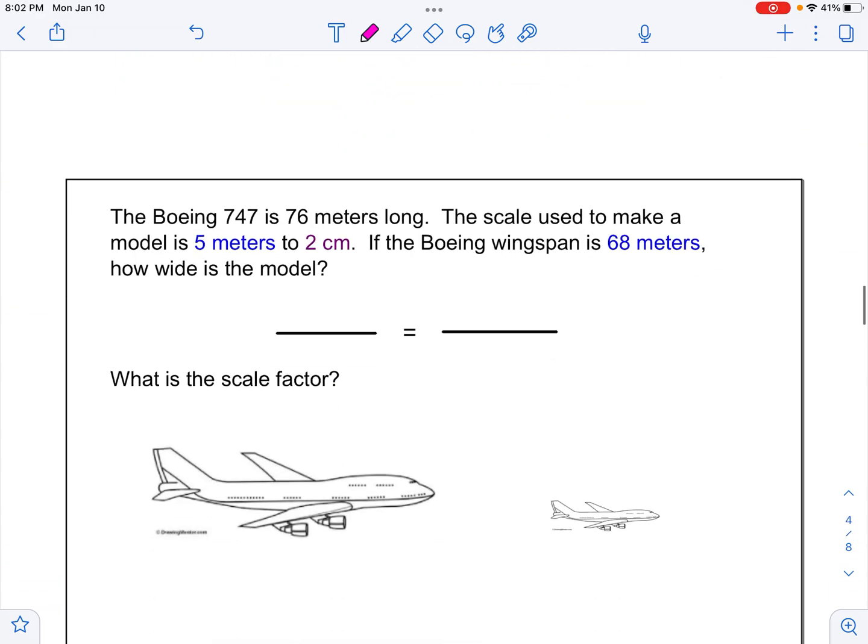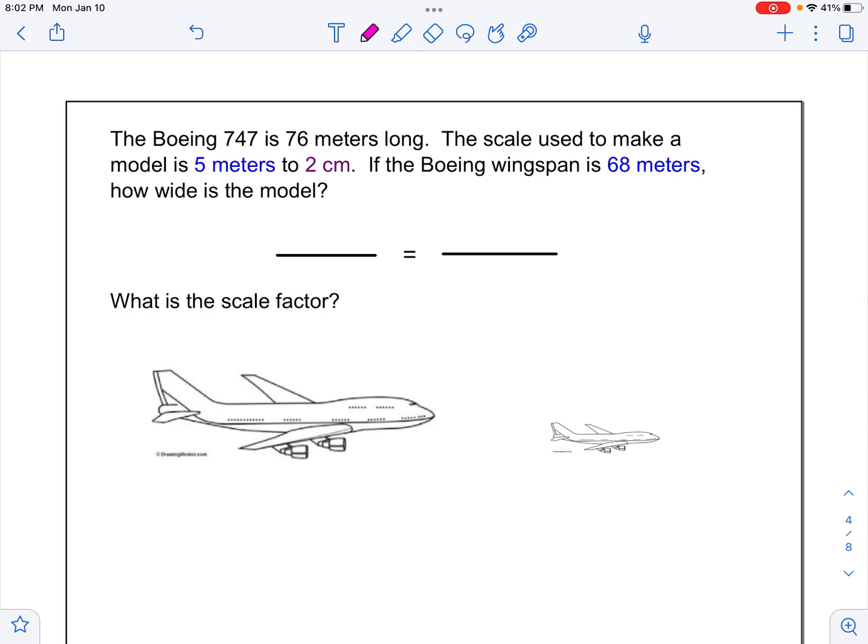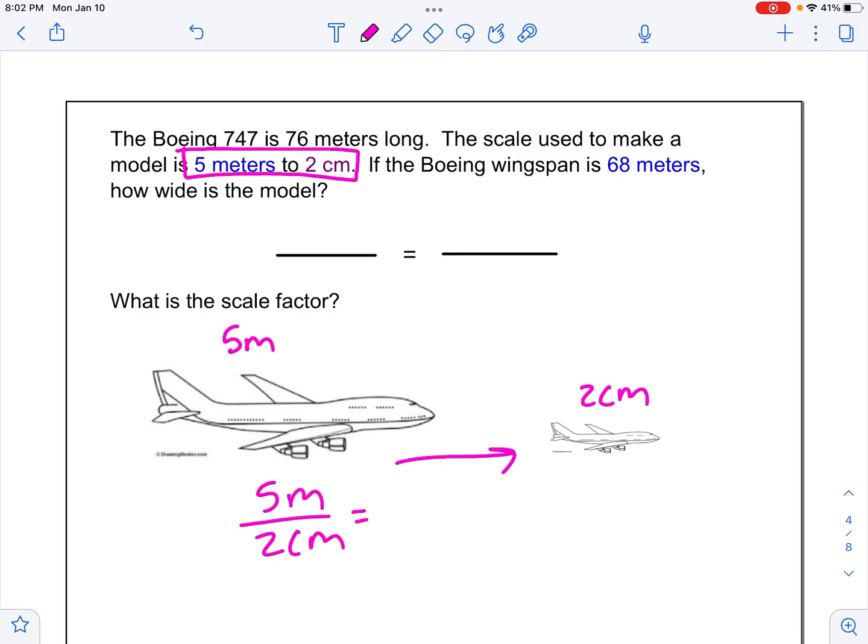So let's do it again here. We have a Boeing 747, and the scale that we used is 5 meters to 2 centimeters. So in other words, for every 5 meters on the real plane, I have 2 centimeters on the model. So what's my scale factor? This is how it flows. For every 5 meters, I have 2 centimeters.